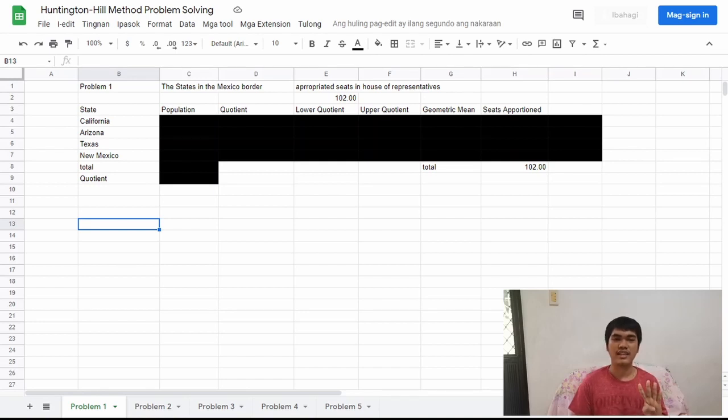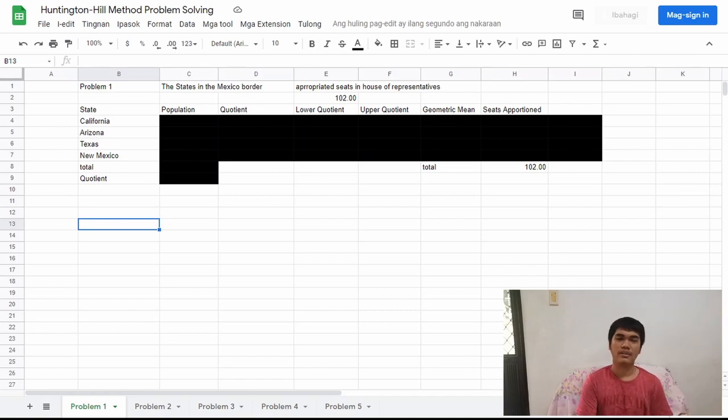There are 4 states. The first one is the most famous one, which is California. Then the next ones are Arizona, Texas, and New Mexico. These 4 states border Mexico.